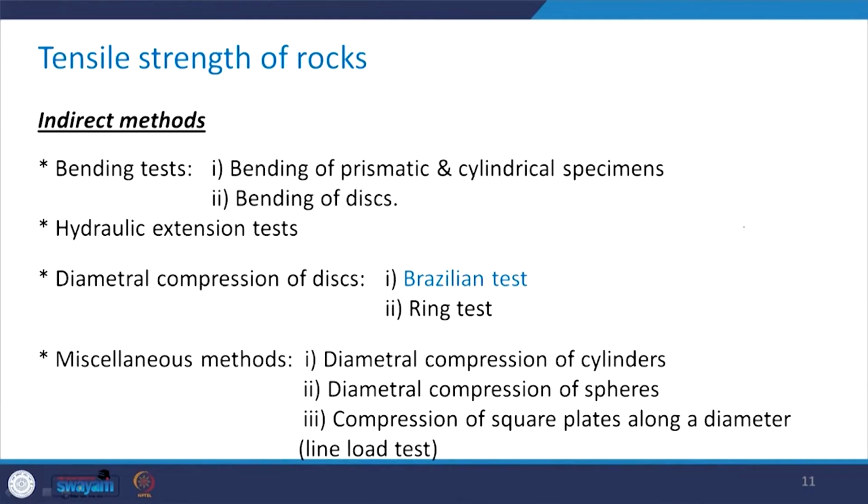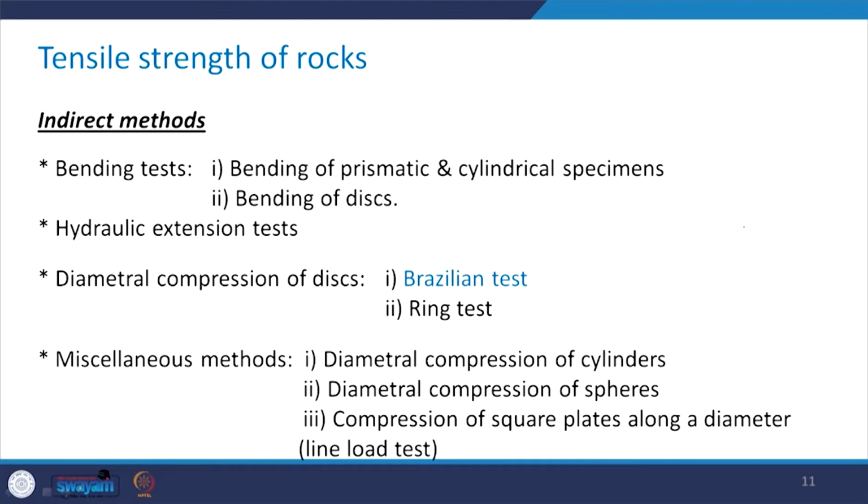So, there are various indirect methods. They include bending tests. In this, bending of prismatic and cylindrical specimens is carried out, and then the second one is bending of disc. In this case the specimen is in the shape of a disc, and then the bending takes place. Then there is the hydraulic extension test.